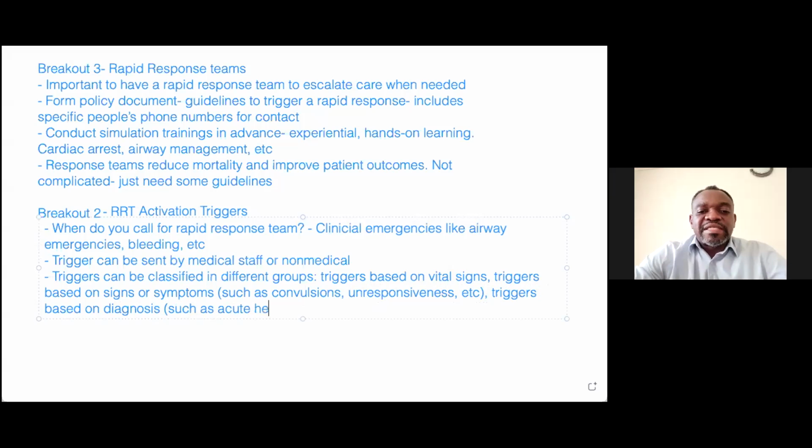Such conditions can also be used as triggers to call upon a rapid response team. So it must depend on hospitals, what they think they can make up as a trigger sign for them to call a rapid response team so that they can come and take good care of the patient. Thank you.